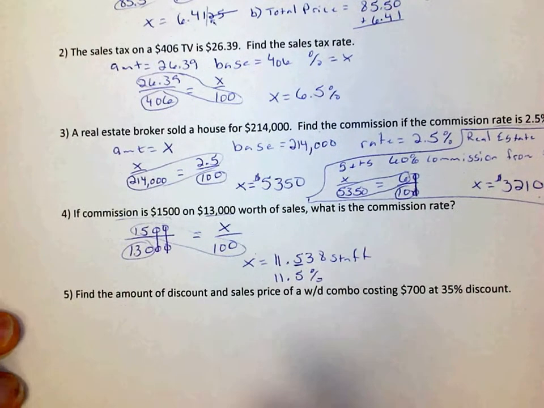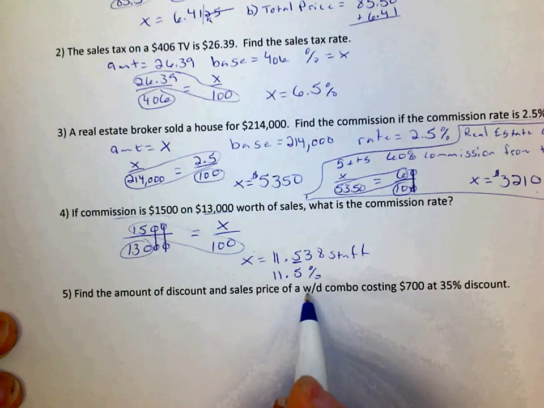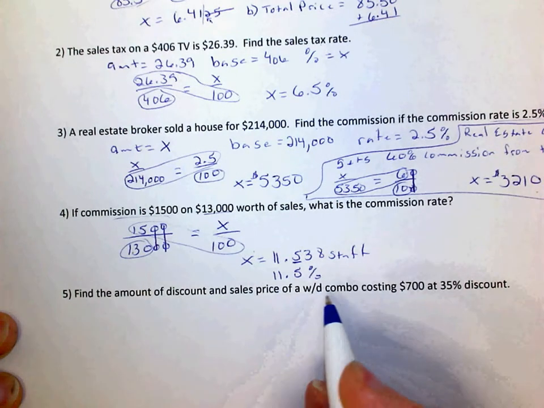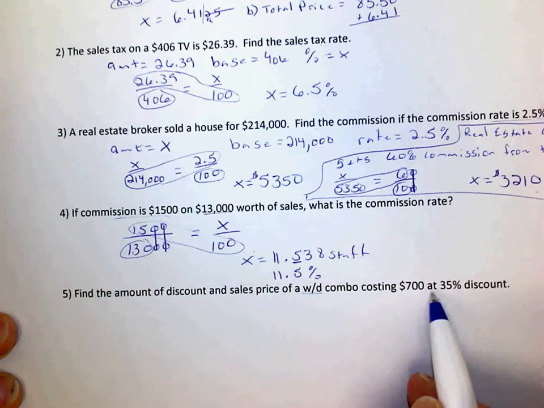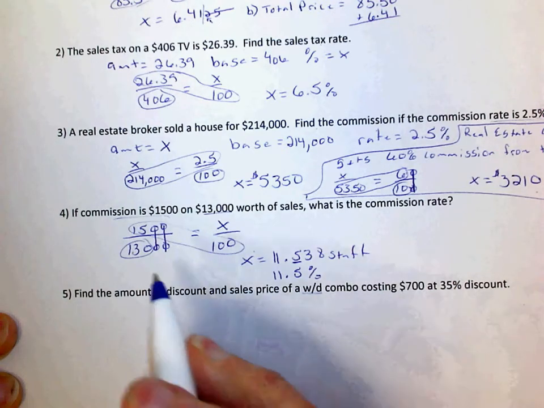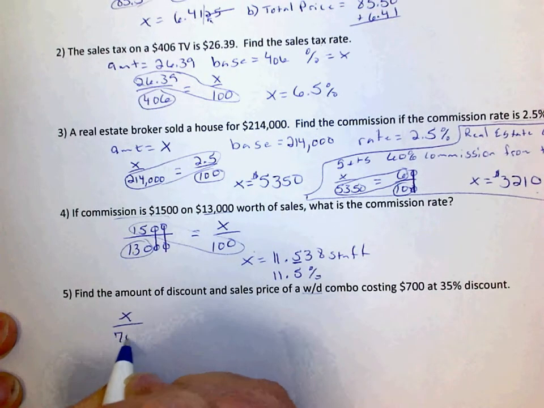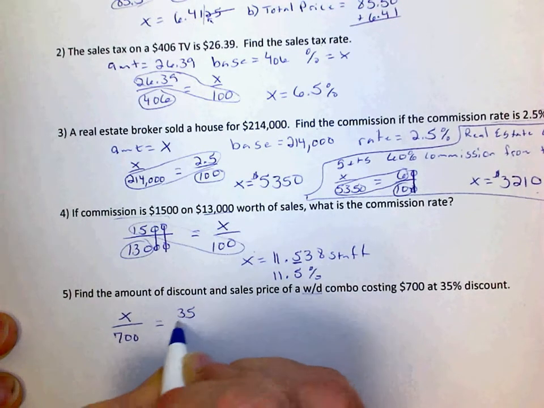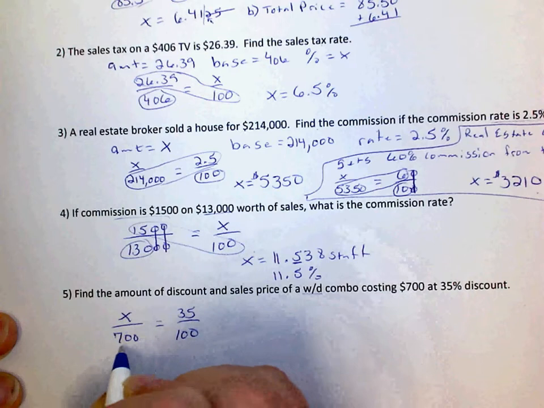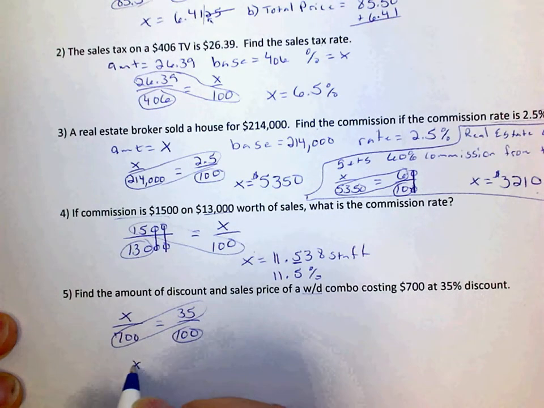Find the amount of discount and sales price of a washer dryer combo costing $700 at 35% discount. So amount of discount over your base equals 35% over 100. Multiply these, divide by this. And remember, this is your amount of discount.